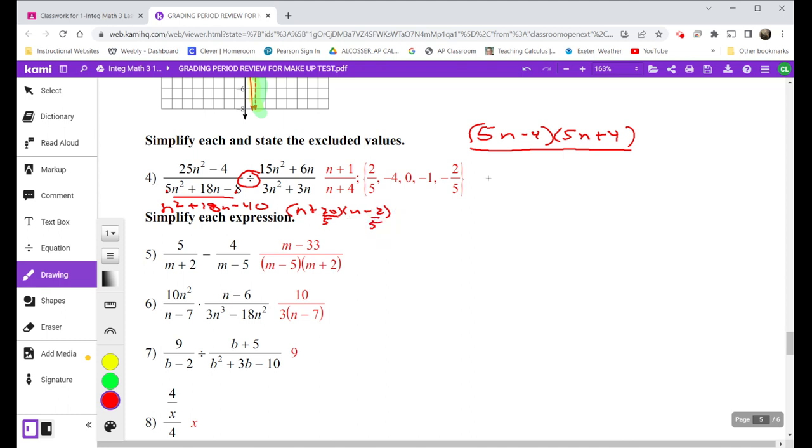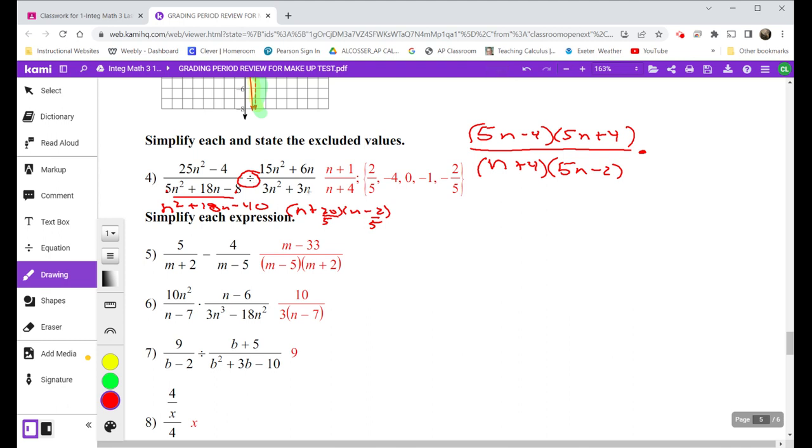So this becomes n plus 4, and this becomes, and I can move this 5 to the front because it doesn't go into 2 evenly, 5n minus 2. Times, because this is divide, so we're going to multiply it by this inverse. We're going to flip this over.